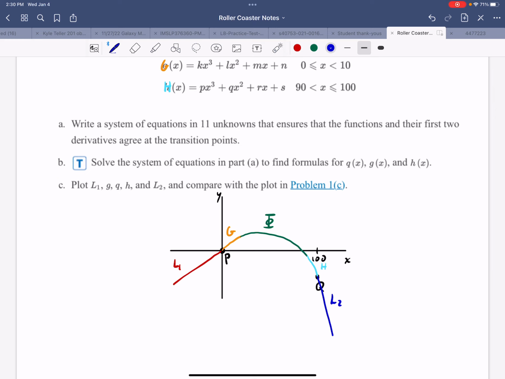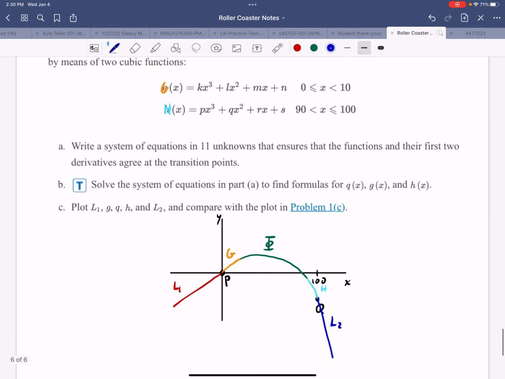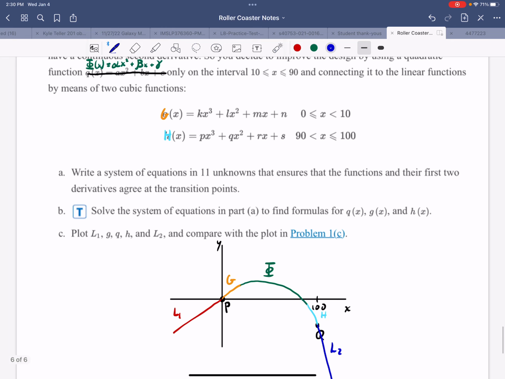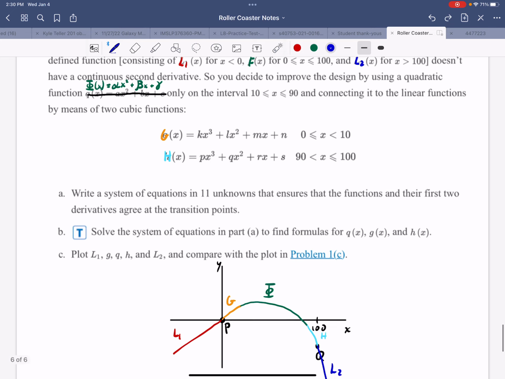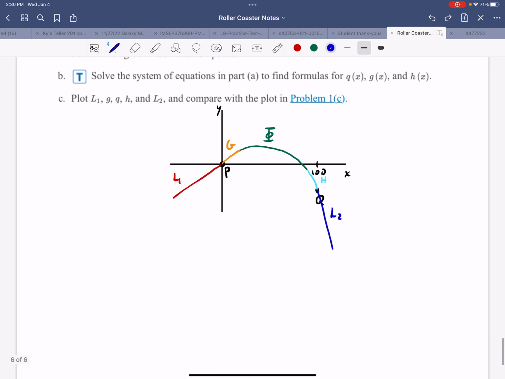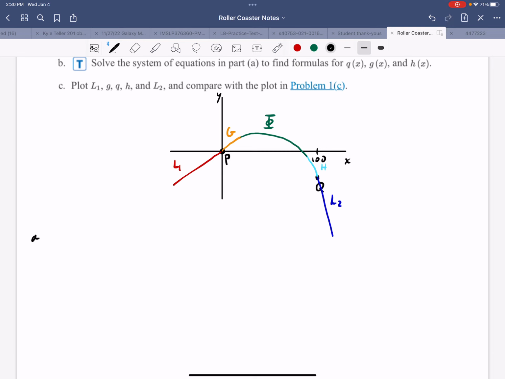So here we wind up having 11 unknowns: K, L, M, N, alpha, beta, gamma, and P, Q, R, S. That's 11 unknowns. But fortunately, we have 12 equations that we can use to solve them. So let's write them down. Let's do part A. Now, I'm not actually going to write down all 12. I'll write down the first 3, and I'm hoping that you can see the pattern.